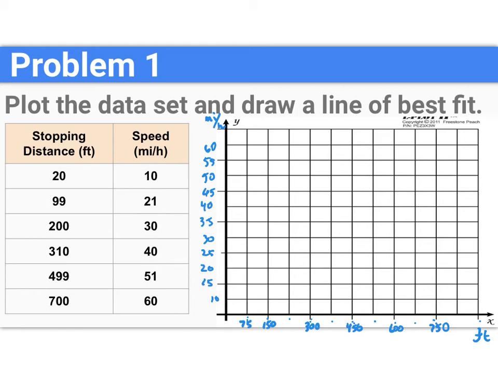So let's see. For 20 feet, we went 10 miles an hour. So 20 is a little less than 1/3 of 75, so it's about right there. To go 99 feet, we went about 21 miles per hour.